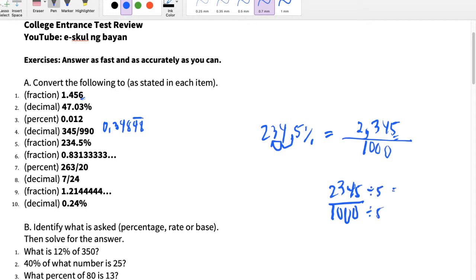This one is equal to 469. 1,000 divided by 5, that would be 200, right? Okay? May common pa ba sila? Wala na. So, our final answer here would be 469 over 200. Okay?